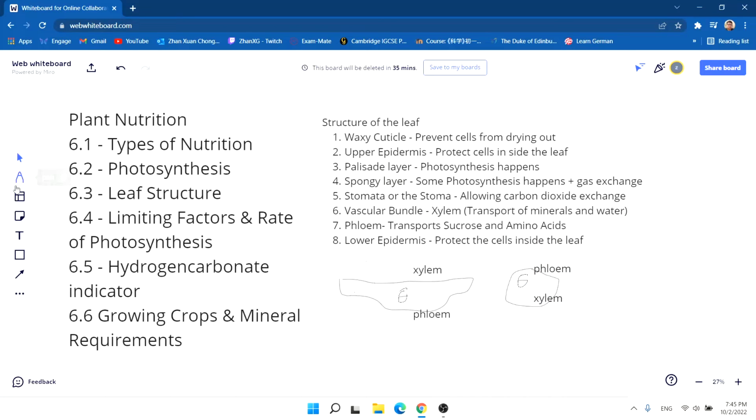Lastly, we have the root, which looks like a corona, and this is much easier. Why? Because it has a star, which is usually shaped like an X. So the X itself is already the xylem, and what's around it will be the phloem.